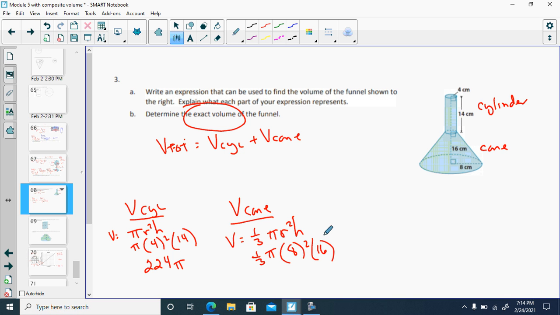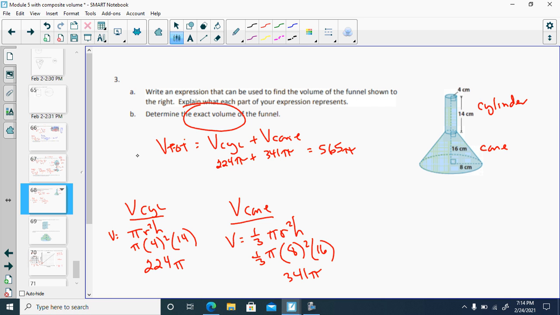That gives me 341 pi. So this is 224 pi plus 341 pi. And what do I get? 224 plus 341 would give me 565 pi, right? 565 pi.